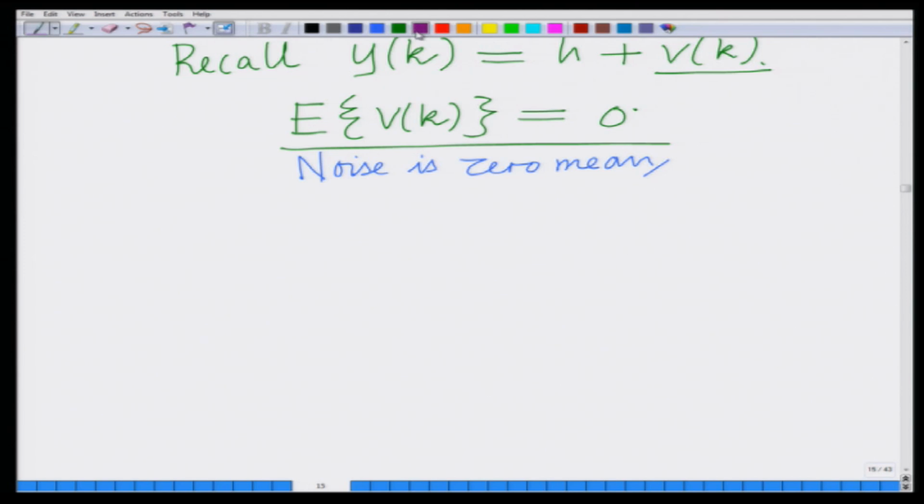Now, let us look at h hat. H hat is in fact 1 over n summation k equals 1 to n of yk.